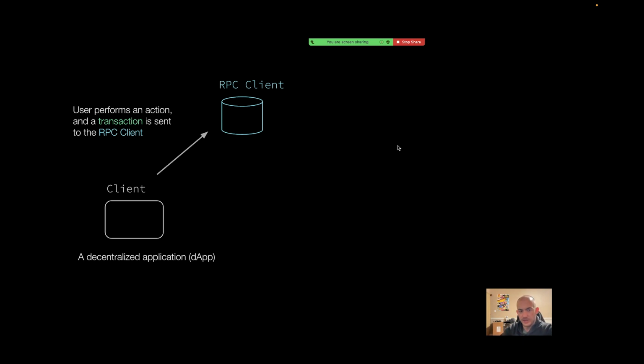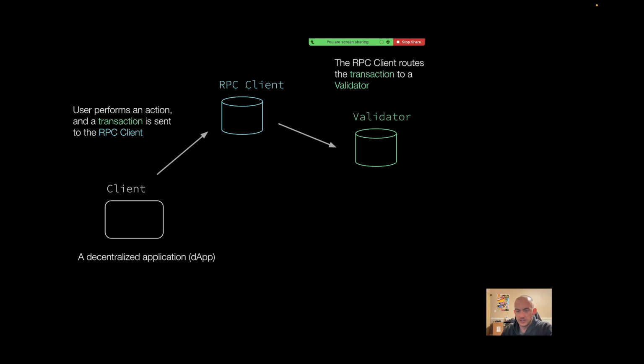The RPC client is then going to forward that transaction to a validator, right? Once the validator has the transaction and processes it, similar to the diagram that we opened up with, it's going to invoke our program, because let's assume that transaction contains an instruction for our program. So it invokes our program.